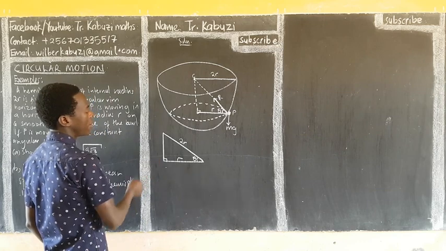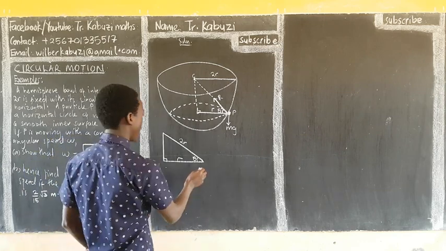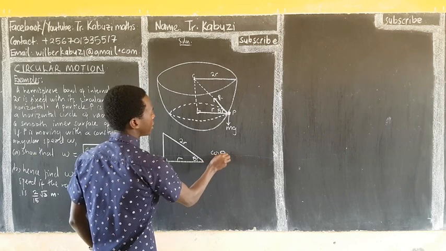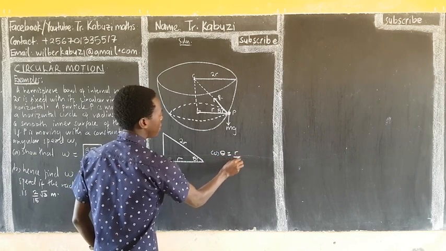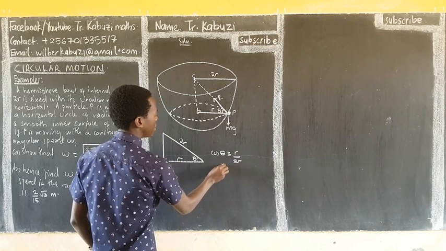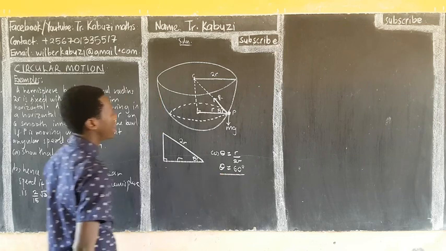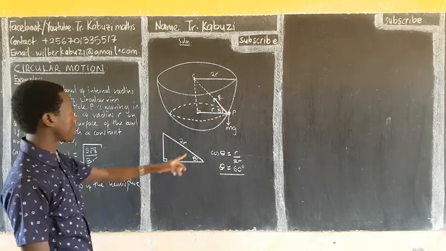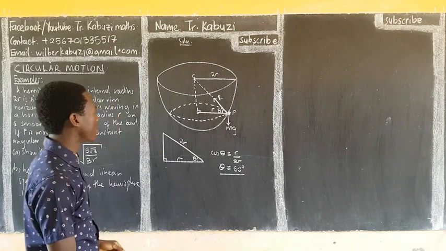Okay, so this angle we don't know, but from here we can get it. You can see that cos theta is going to be equal to the adjacent over the hypotenuse. From there, theta is going to be 60 degrees. Meaning this angle makes 60 degrees with the horizontal.